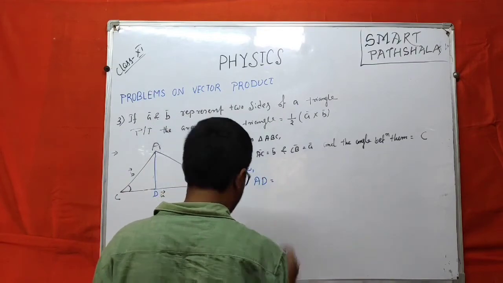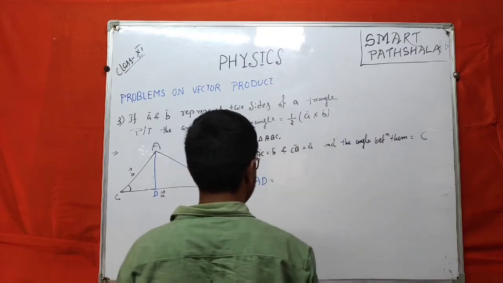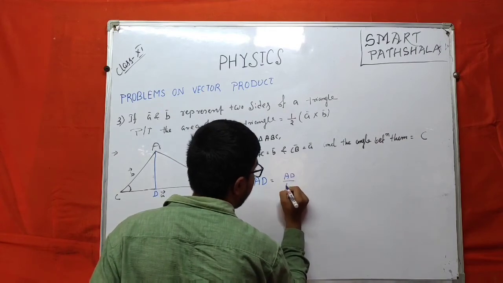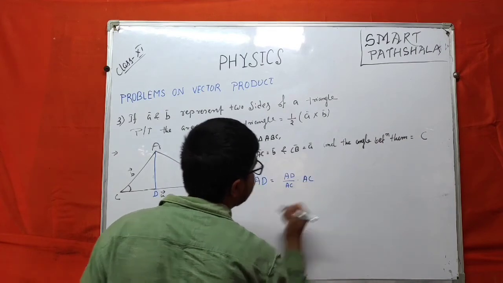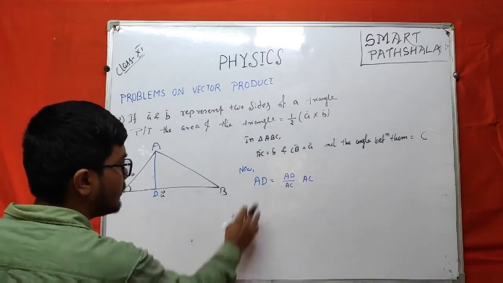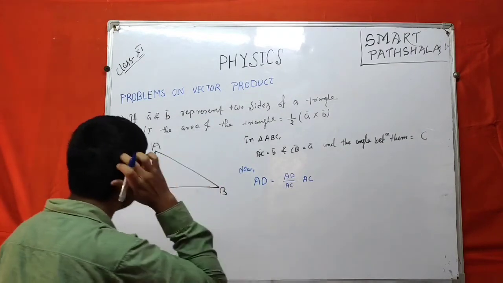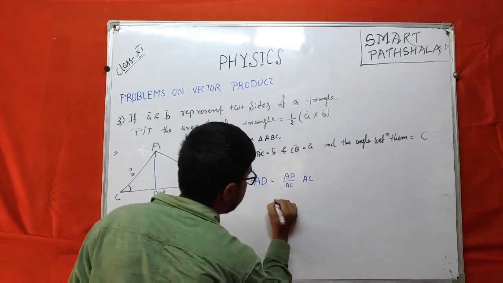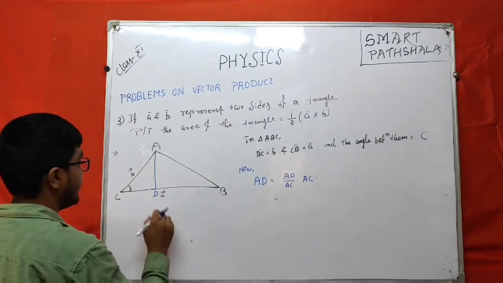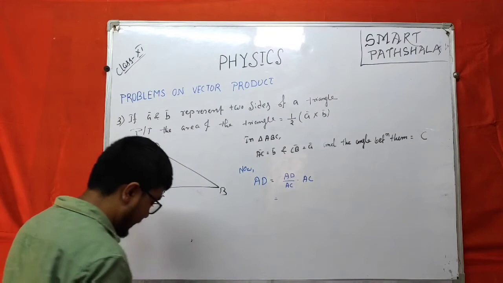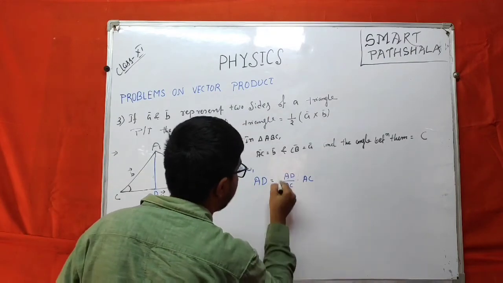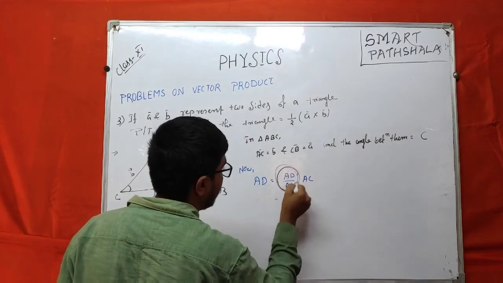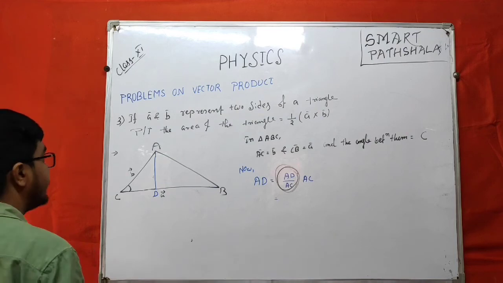Now, AD equal to, we can write AD as AD by AC into AC. Cancel AC and it will become again AD. Okay. Now you see AC is equal to B, and what does AD by AC imply?